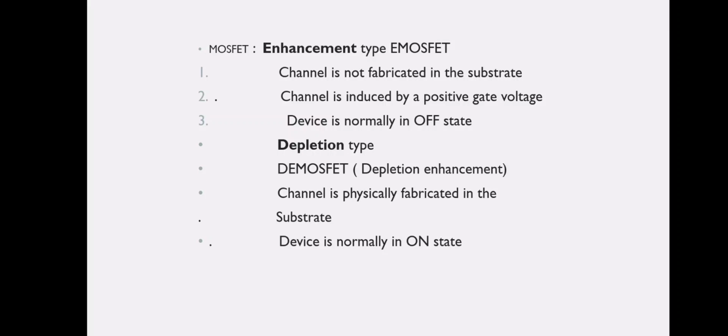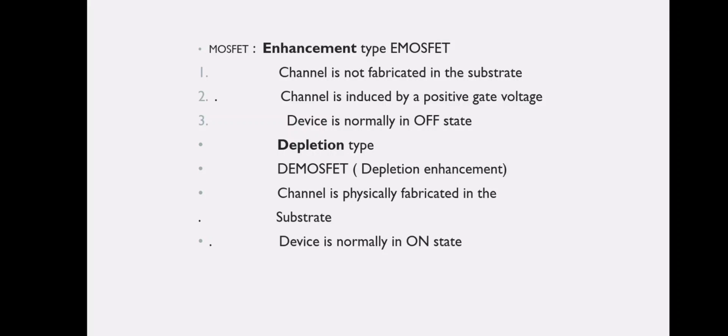The channel is induced by a positive gate source voltage, and for that you need a minimum value of gate source voltage, which is known as the gate source threshold voltage or VGS(th). So when the VGS is 0, ideally there is no channel existing between source and drain. That is why this device, the E MOSFET, is known as a normally off device. It is normally in the off state.